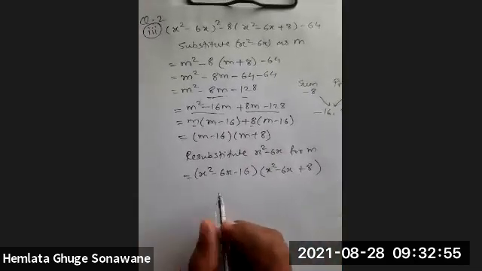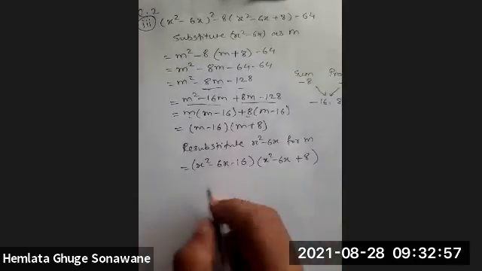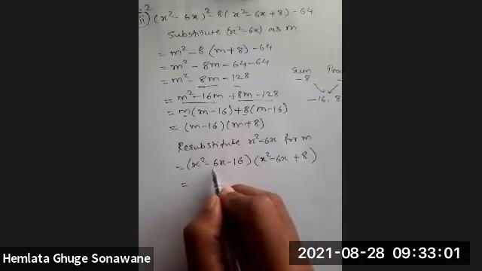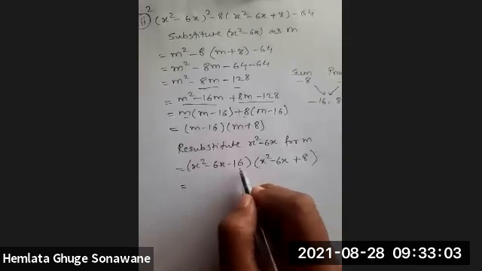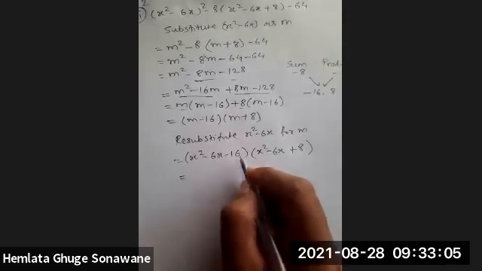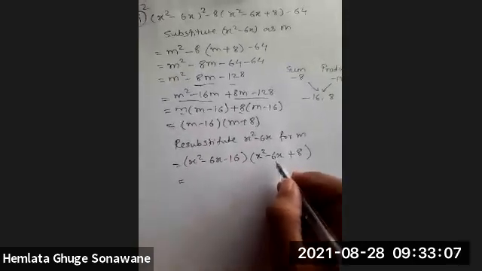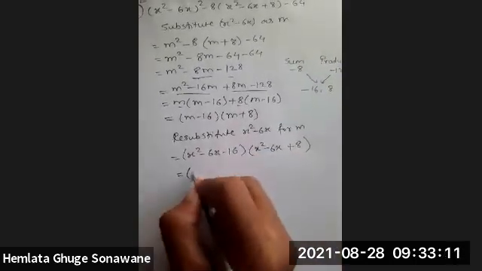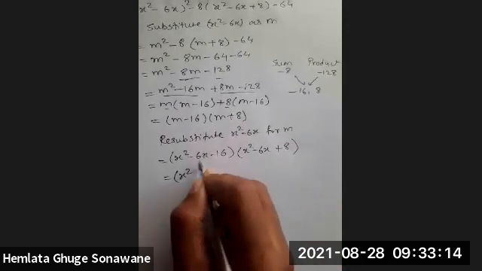Now here we have to check whether we can factorize these brackets. We have to find sum as minus 6 and product as minus 16, and here also sum minus 6 and product plus 8. So we'll write x square as it is.